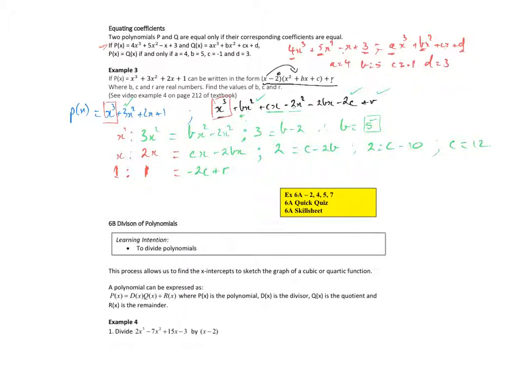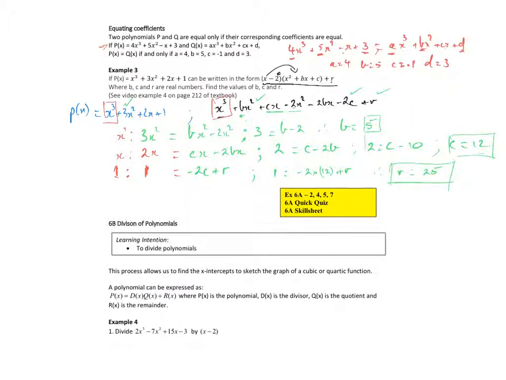So neither one of them has got an x term with it, so that makes them constant. So negative 2c plus r has to equal 1. So c is equal to 12. So therefore, 1 is equal to negative 2 times 12 plus r. So r has to be equal to 25. So there's each of the values.